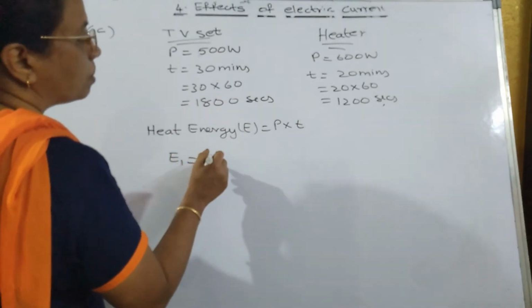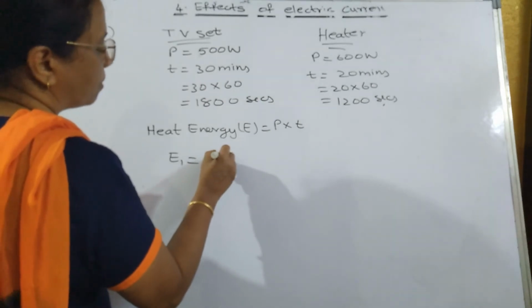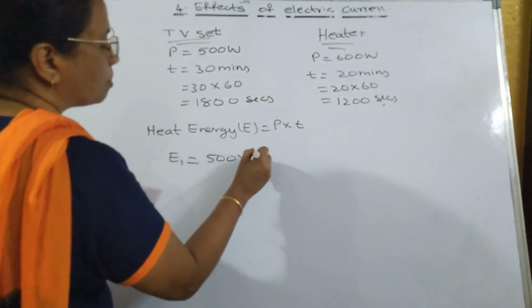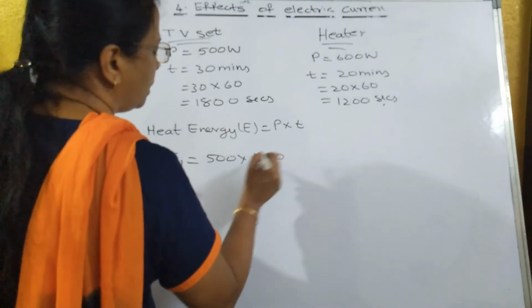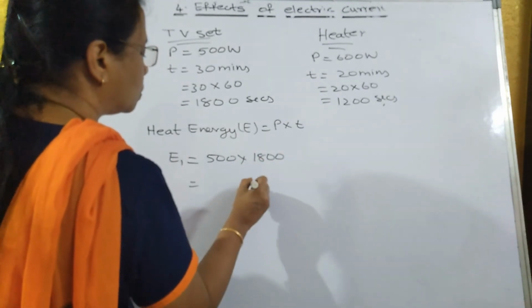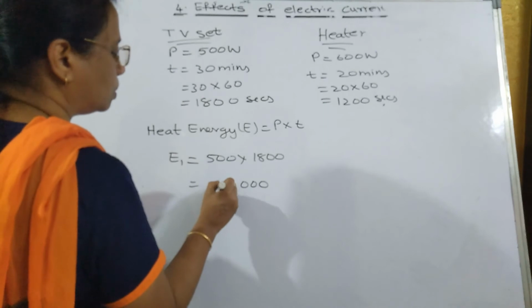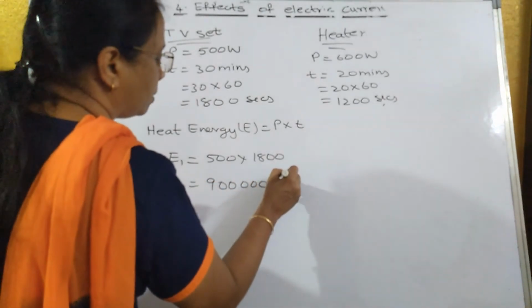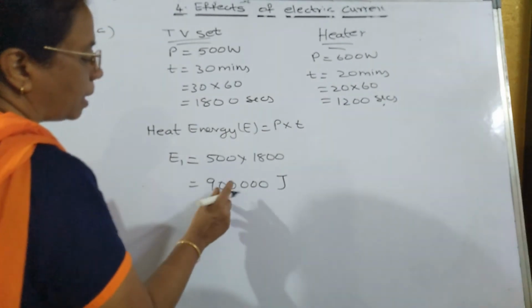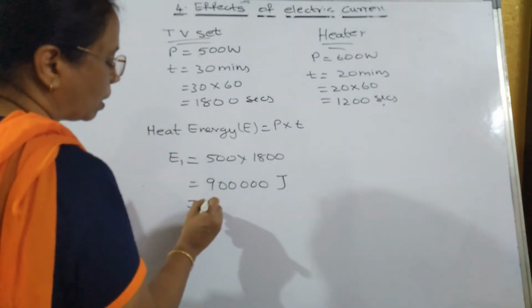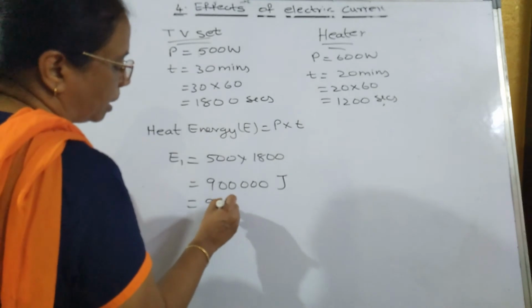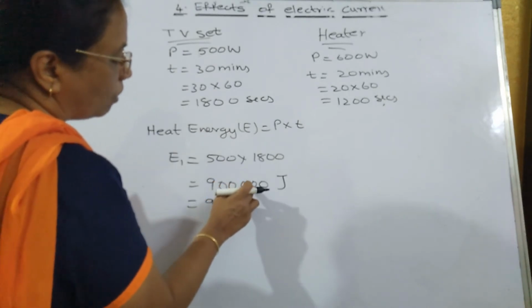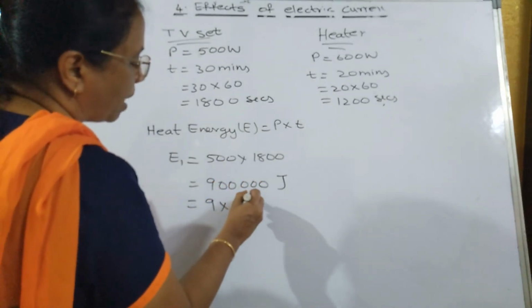E1 is equal to P, which is 500, and T we have got 1800, that's equal to 900,000 joules. So when you take it in powers, 1, 2, 3, 4, 5, it is 9 into 10 to the power of 5 joule.